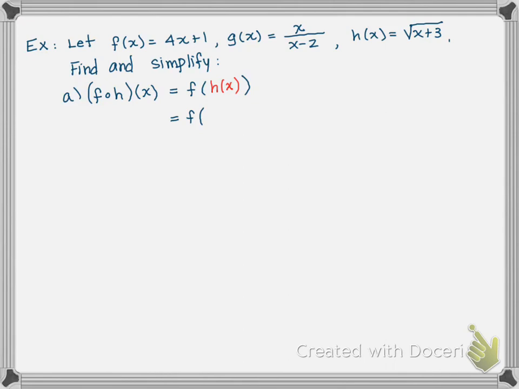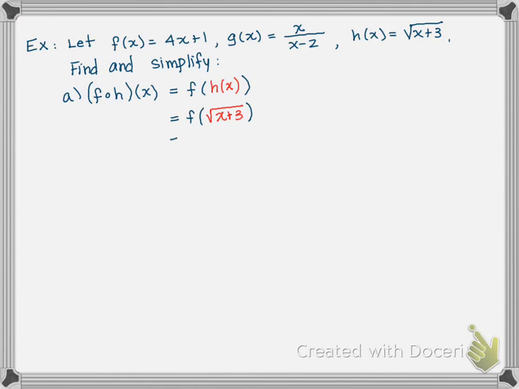The first thing I want to do is replace h of x with its formula. h of x is the square root of x plus 3. So that's what we're going to use as our input.